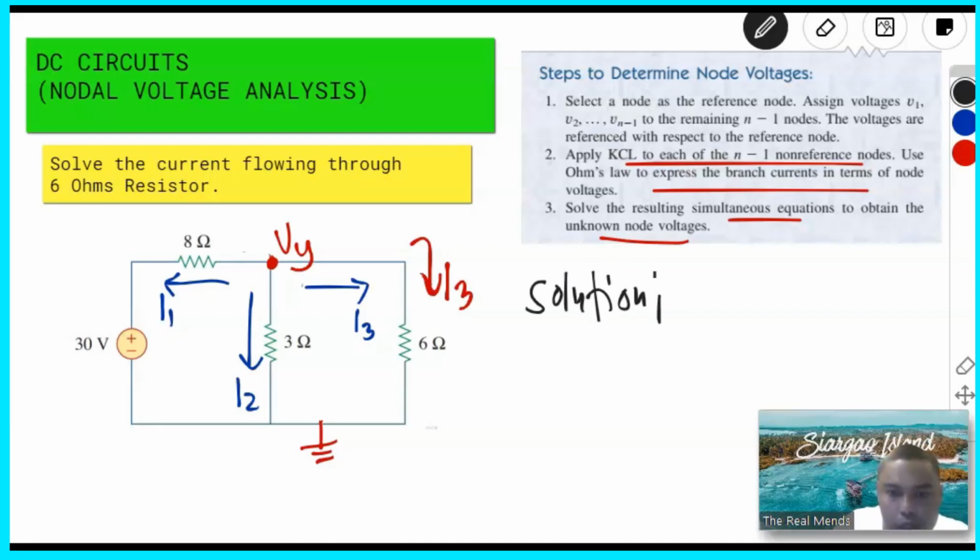So from this junction, we can construct an equation that I1 plus I2 plus I3, and they are all leaving the node, so it's equals to 0. Again, we all know that by Ohm's law, the current is equals to voltage over the resistance.